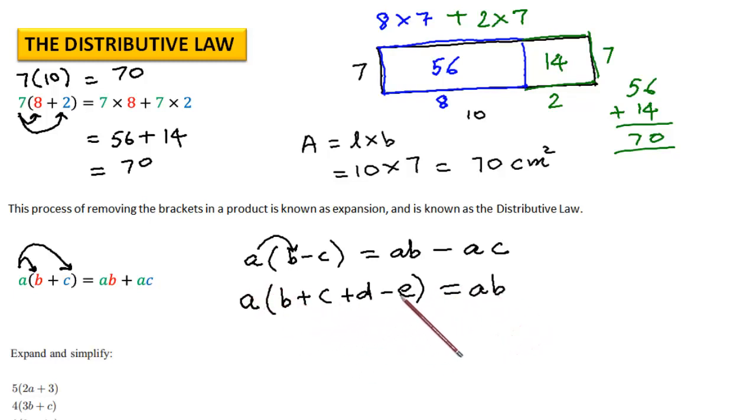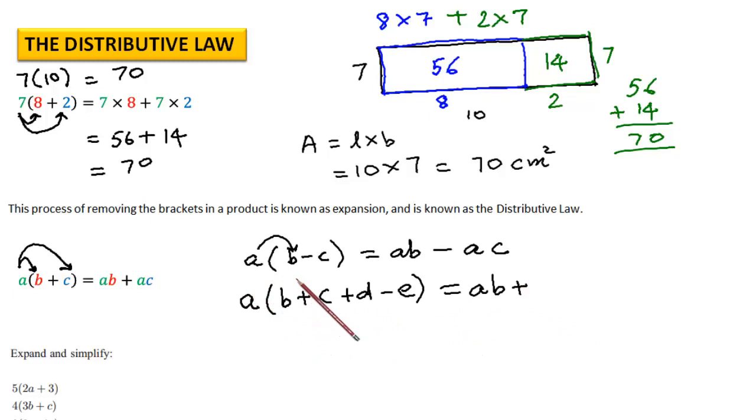Remember, A, B, C, D, E are either variables or simply numbers. So just assume 7 written over A and 2 written over B. So it would be 7 twos are 14. And then we would write this plus sign.